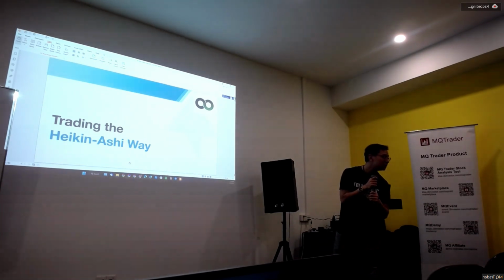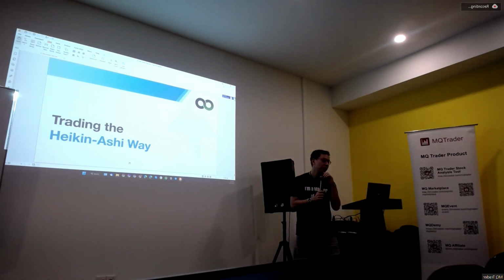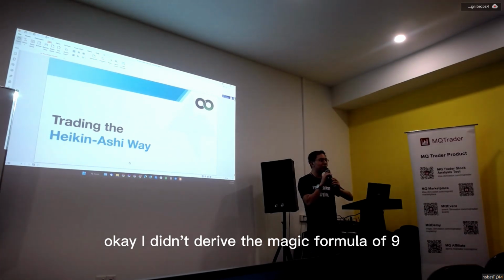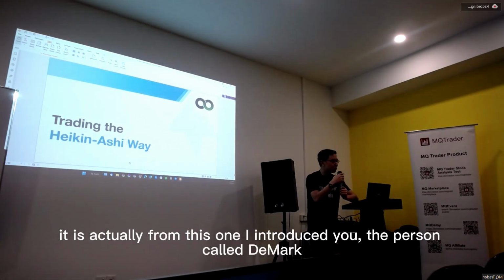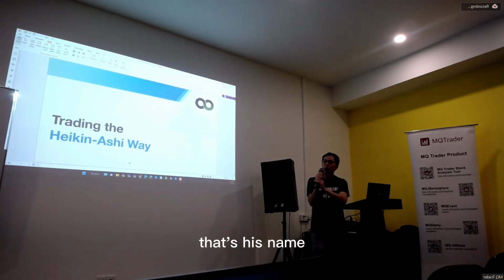Can you explain further the implications of 9 days up, 9 days down? Why 9 and 9? I didn't derive the magic formula of 9. It's actually from the study of a person called Demark, that's why I introduced him to you.